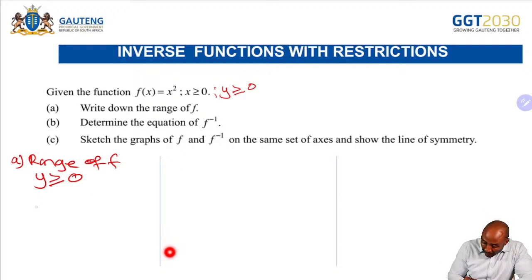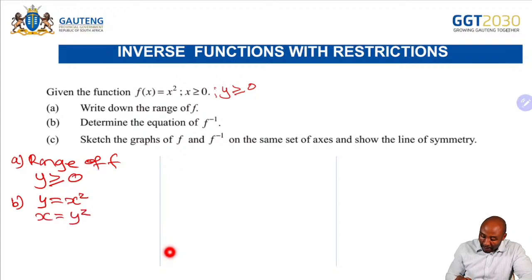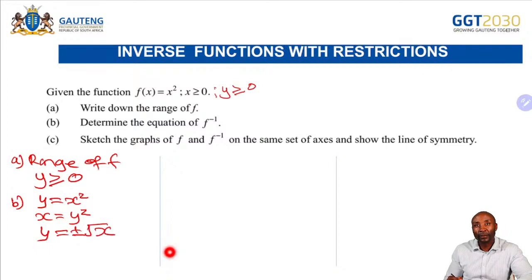The equation of f inverse: this will be my y is equal to x squared. I interchange x and y. This will give me x is equal to y squared. I have to make y the subject, so y is equal to plus or minus the square root of x.